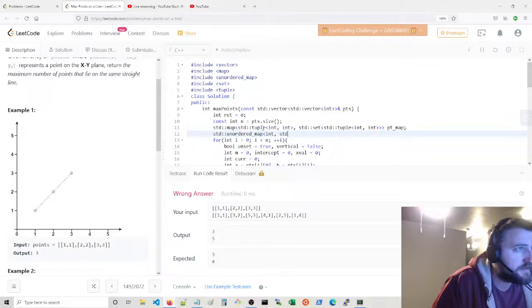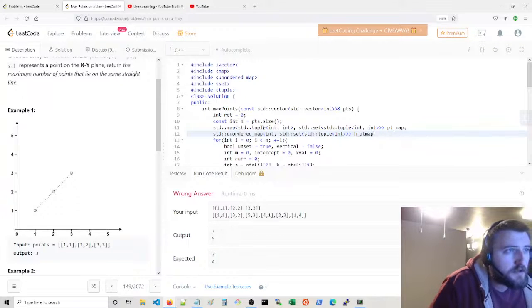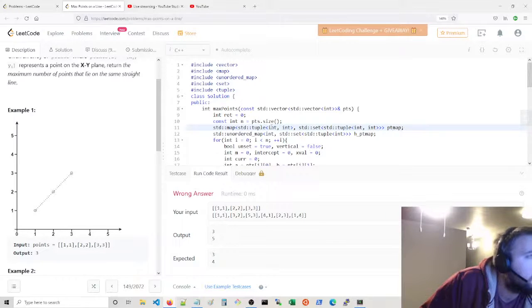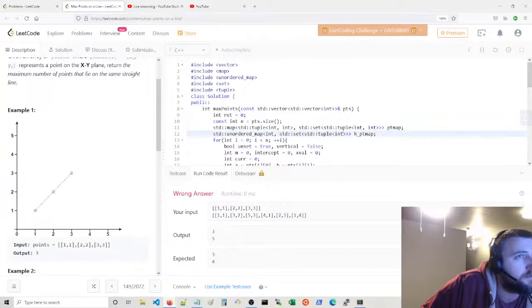So this is going to be the horizontal, and then also set events. And then we're going to say horizontal point map. So there's point map and horizontal point map. Okay. So all the horizontal pairs go in the horizontal point map, and all of the other pairs will go in the point map.